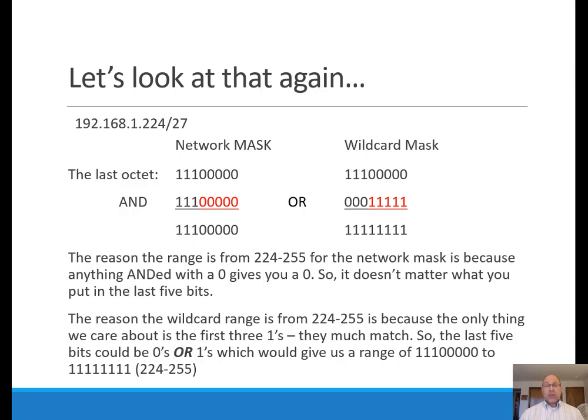All the other ones that are above the red ones, I don't care. You can put a 0 or a 1 there because I don't care. So the last 5 bits could be zeros or ones, and that would give us a range of 111 and then all zeros, to 111 and then all ones. And it just doesn't matter because the result is exactly the same.